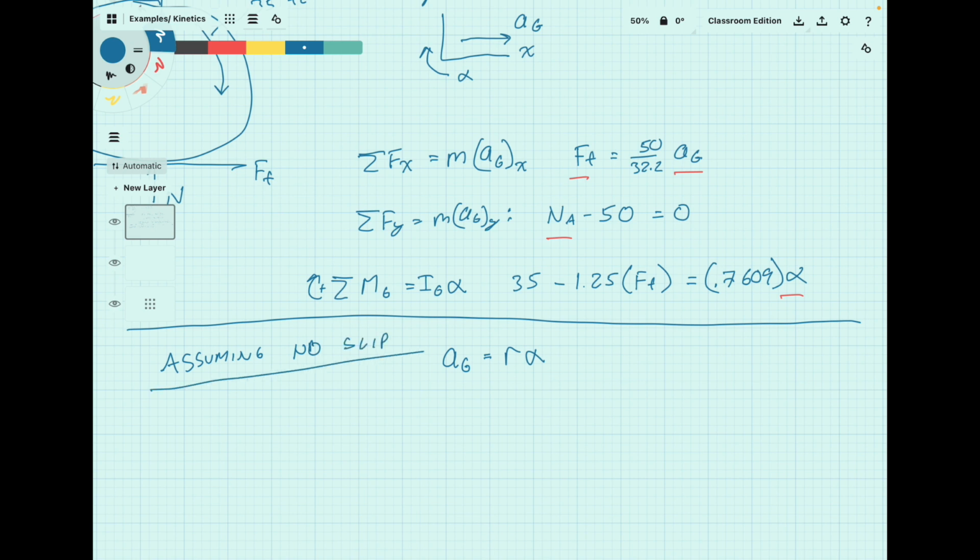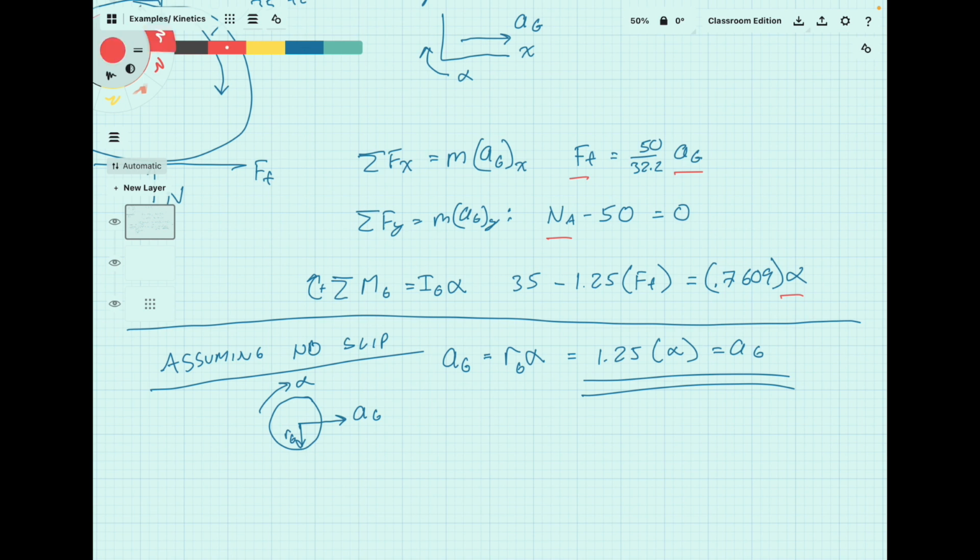Let's do that first. In that scenario, there would be a direct relationship between AG and alpha, based on that radius. That lets us say AG is equal to R times alpha. So 1.25 times alpha is equal to AG. That's just straight general plane motion kinematics.